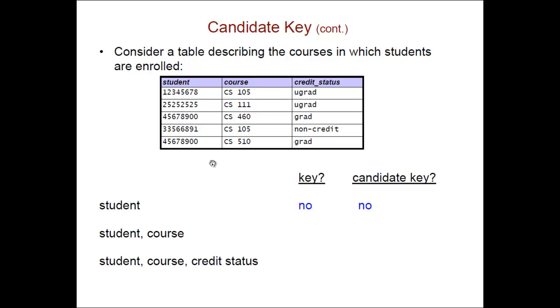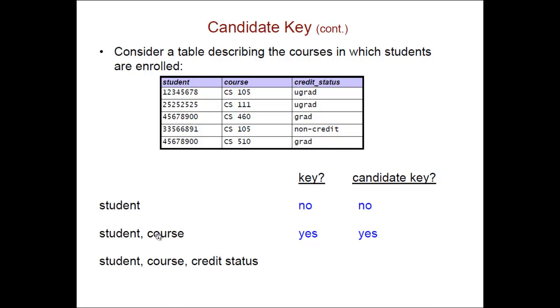Now let's consider the combination of the student attribute with the course attribute. Because a given student can be enrolled in a course at most once, a given combination of student and course is guaranteed to be unique, and therefore that combination of attributes is a key. It's also a candidate key, because if I take either of these attributes away, I am not going to have a key anymore.